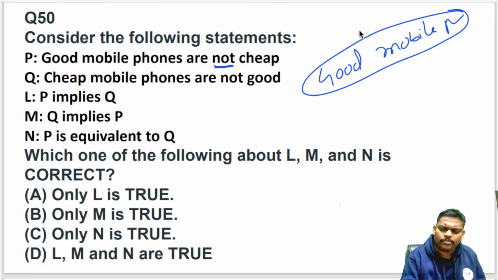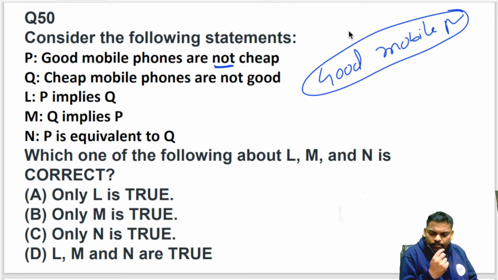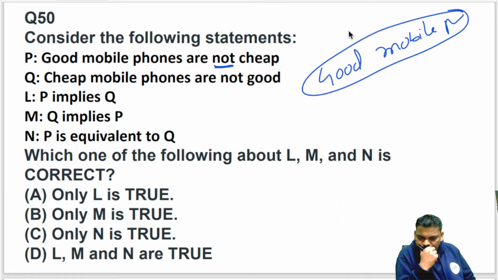Let me give some name. P implies Q, Q implies P, P equivalent to Q.